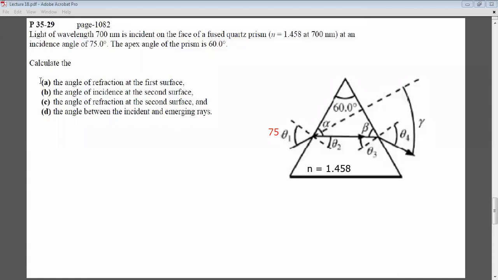Now let's start. The first part: calculate the angle of refraction at the first surface. This is the first surface, and this is the normal.